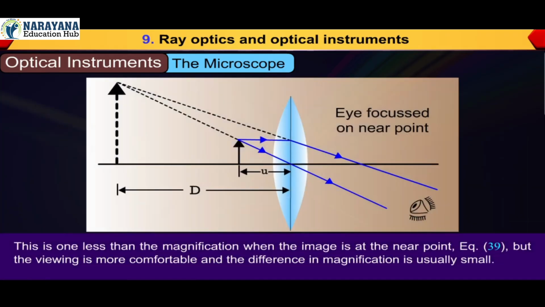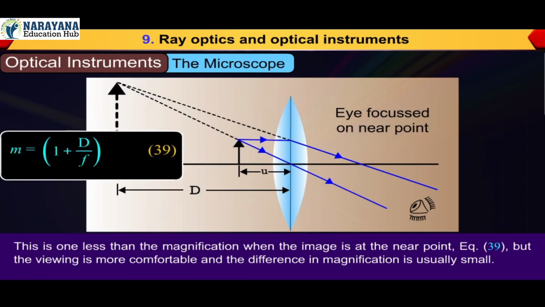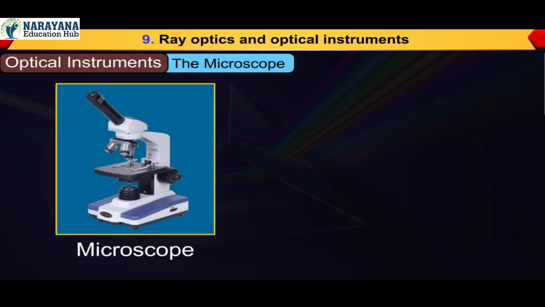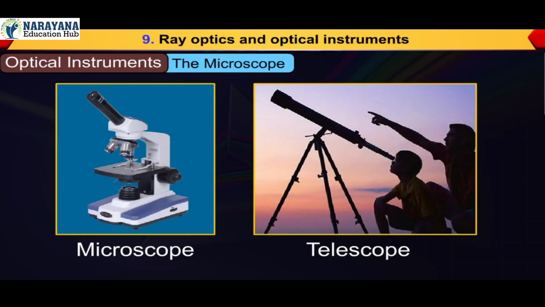This is 1 less than the magnification when the image is at the near point, Equation 39. But the viewing is more comfortable and the difference in magnification is usually small. In subsequent discussions of optical instruments, that is microscope and telescope, we shall assume the image to be at infinity.